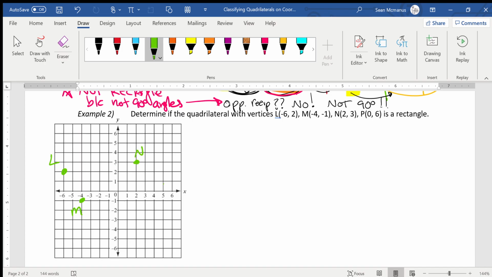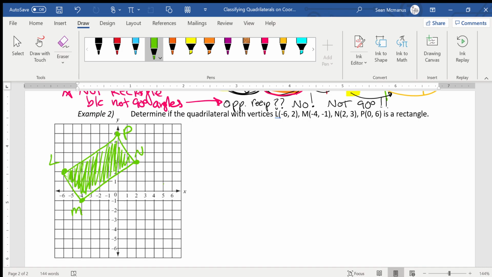And P is 0, 6. So we plot our 4 points. Kind of shade it in here so we can see it a little bit better.